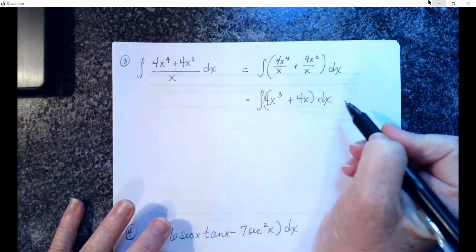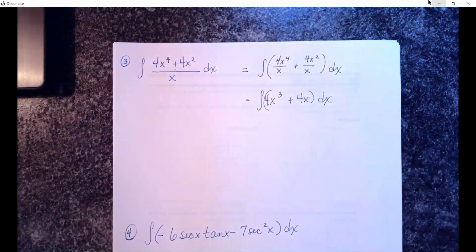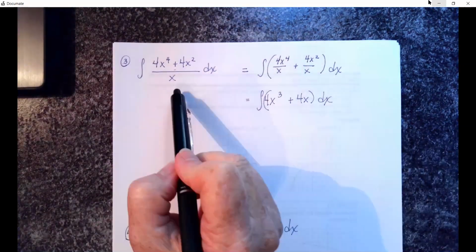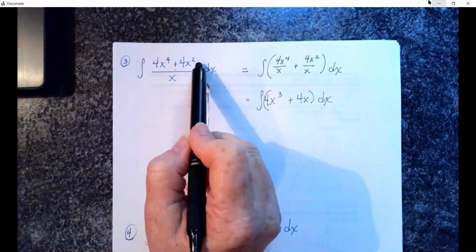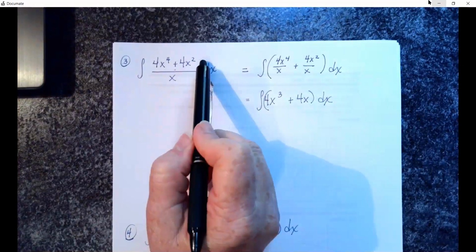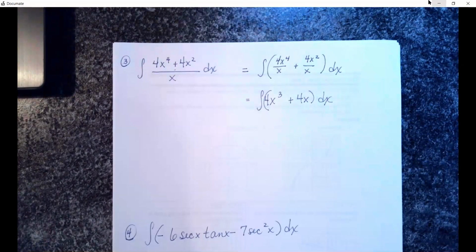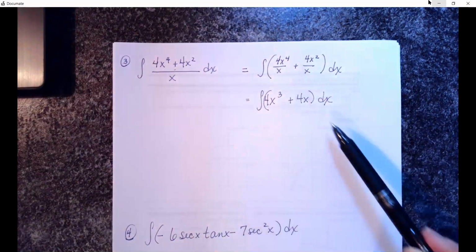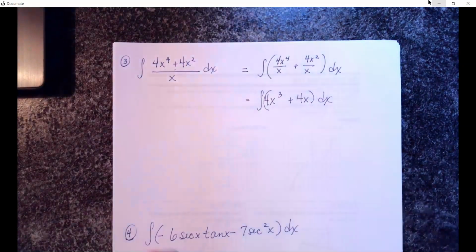Now, I talked about it like breaking the fraction apart. You could think about it as bringing this x up as x to the -1 and multiplying it through. The result is the same. But the point is, to be able to integrate, we had to rewrite first. And now we're going to just integrate term by term.